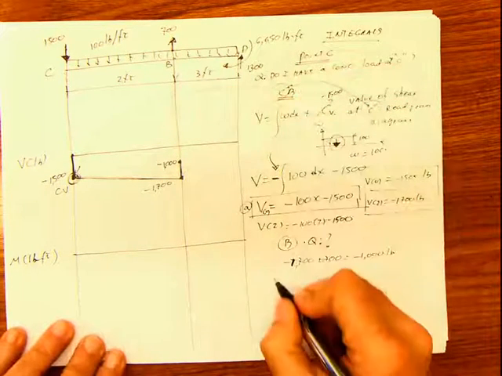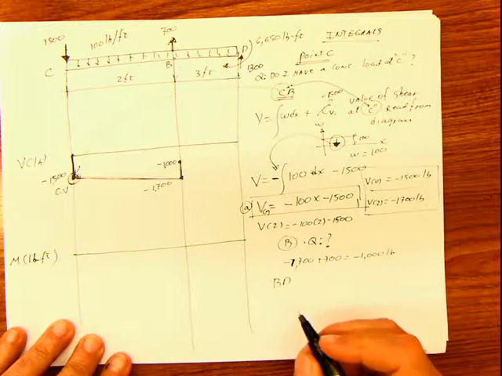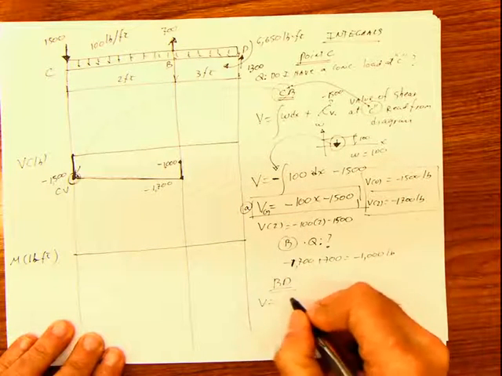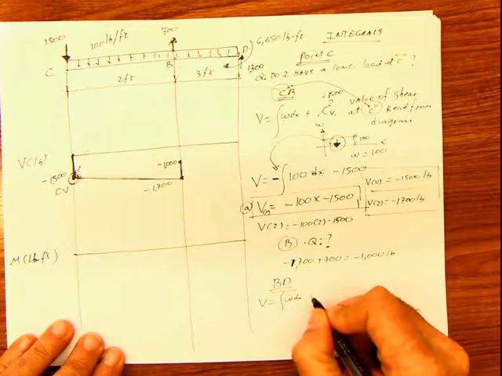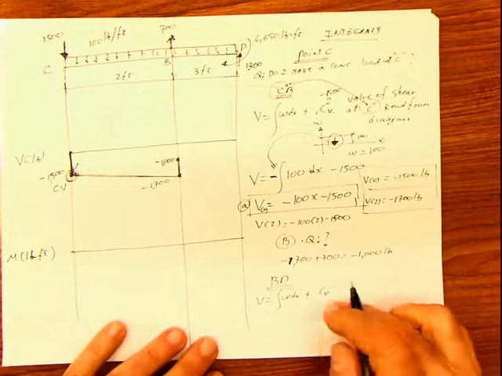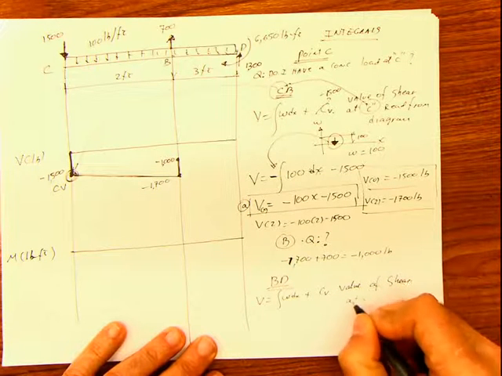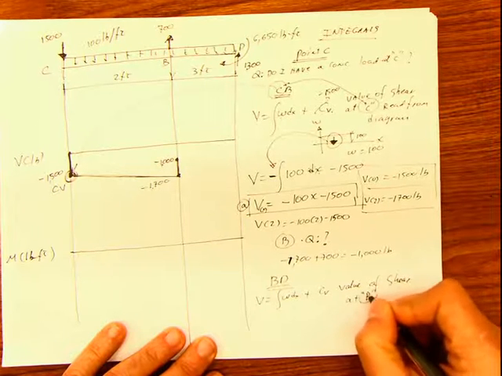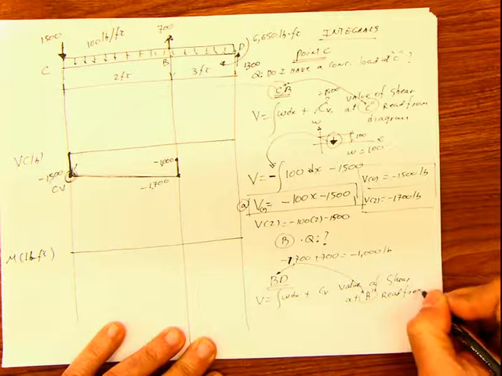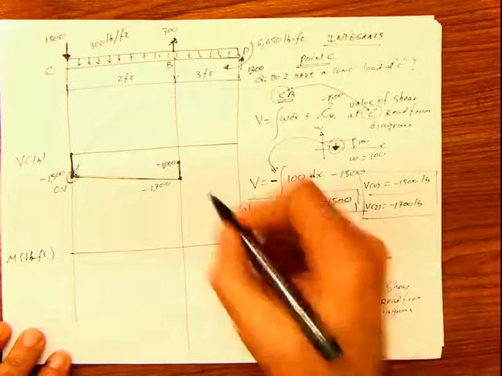And now we move to BD. And then we said, okay, shear is the integral of W plus CV, and that CV is the value of the shear at the beginning of the interval, meaning in this case at B. Once again, read from the diagram, meaning I'm going to read it from here.